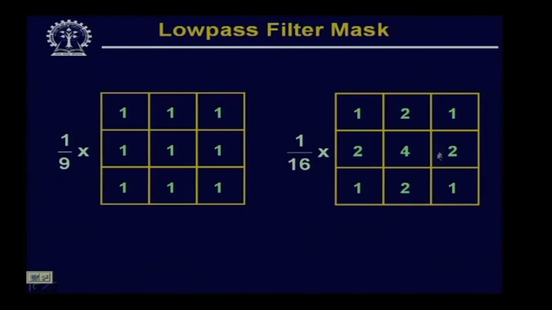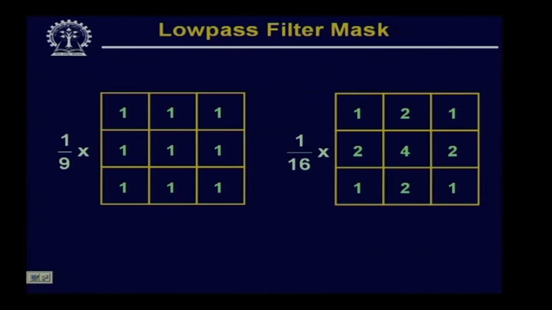So, this slide shows two such masks that we have already discussed during our previous discussion. This is a mask where all the coefficients are positive and the same, and in this mask the coefficients are all positive, but the variation shows that it has some sort of Gaussian distribution in nature.